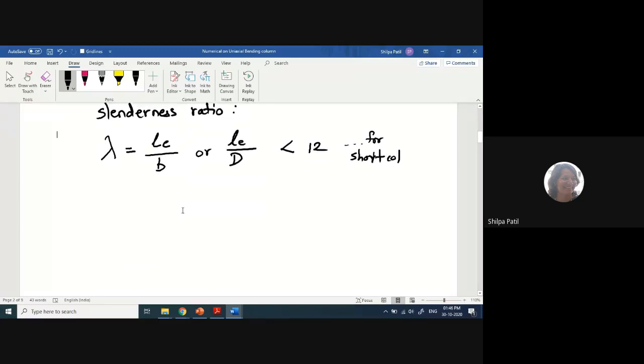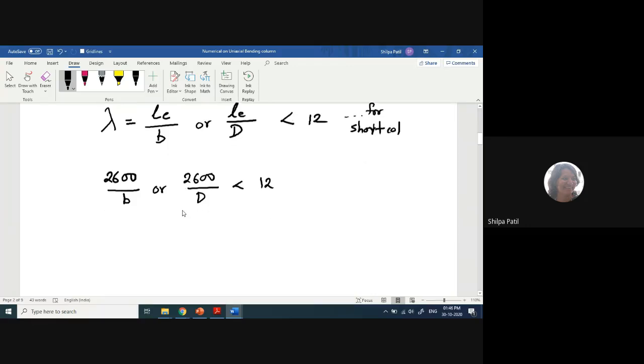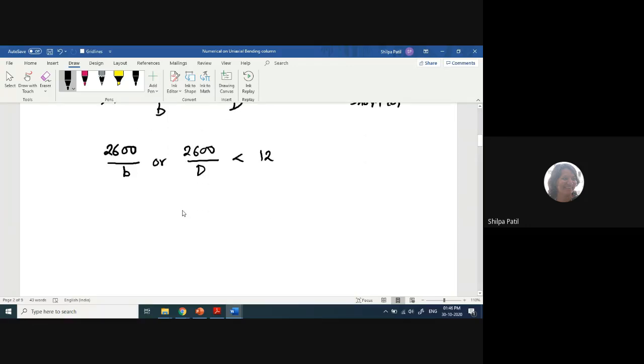Okay. So what is our LE value? It is 2.6 meters. So let me write down 2600 by B or 2600 by D. Both should be less than 12. So I will bring 12 on this side and B or D on that side. So it will be 2600 by 12.